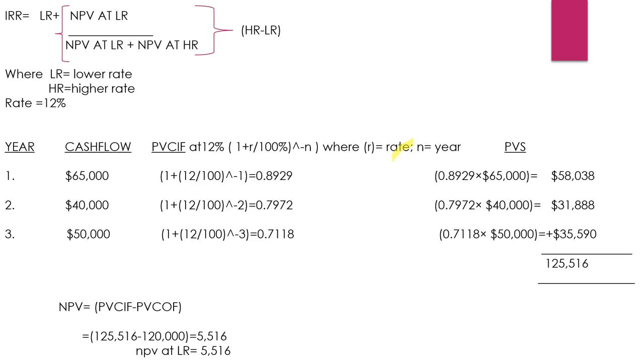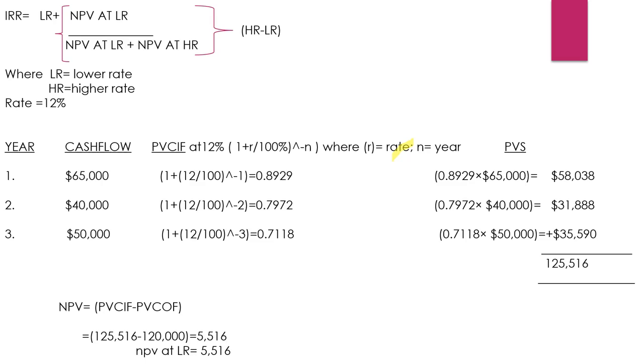This is $120,000, which is the starting capital. So after subtracting, you get 5,516. So this means this is our NPV.